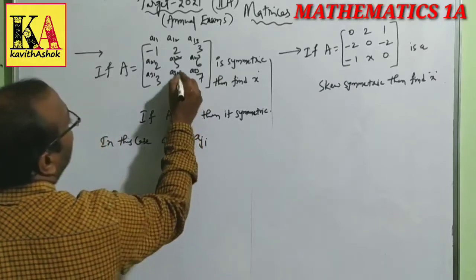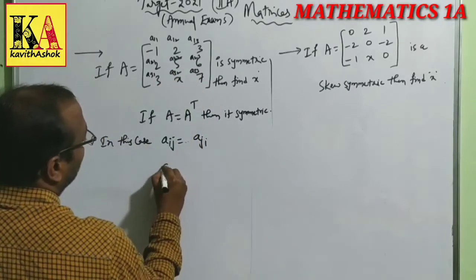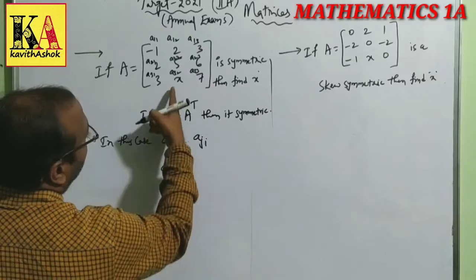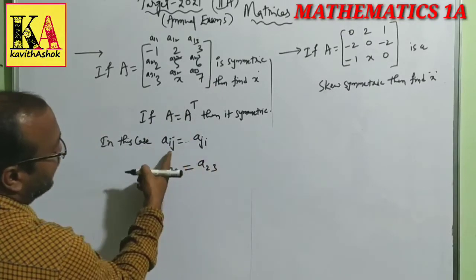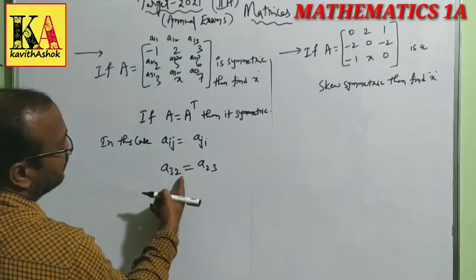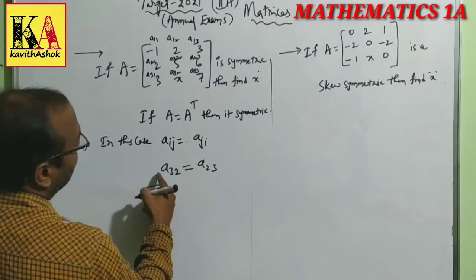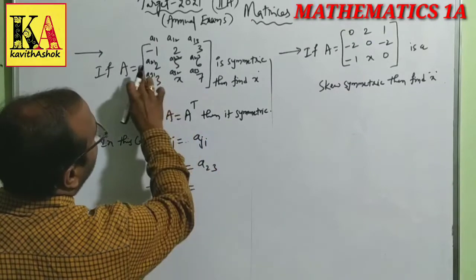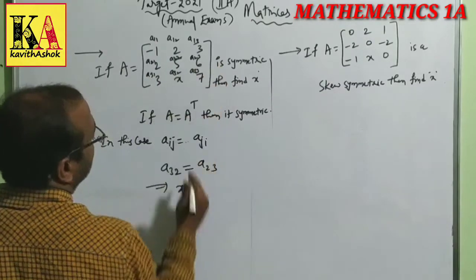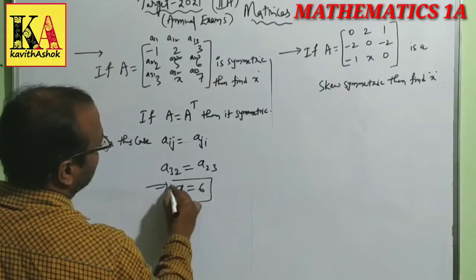Here we want the A32 value. A32 is equal to A23, since Aij is equal to Aji. So A32 is nothing but X. What is A23? Second row, third column, 6. So like this we can solve the problem.